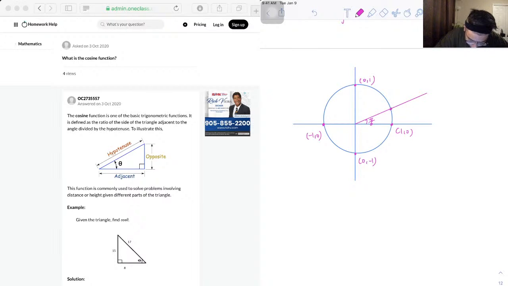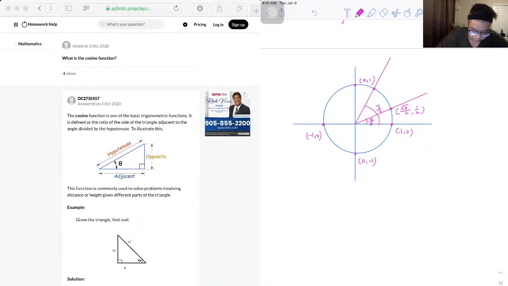And the coordinate of this point will be (root 3 over 2, 1 over 2). And if we have an angle with, let's say, pi over 3, it will be here. Pi over 3.